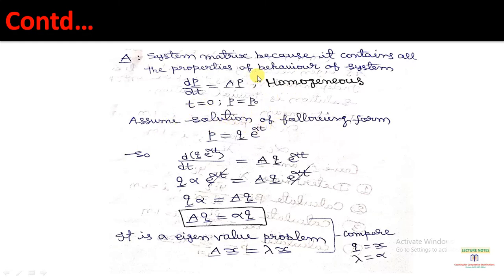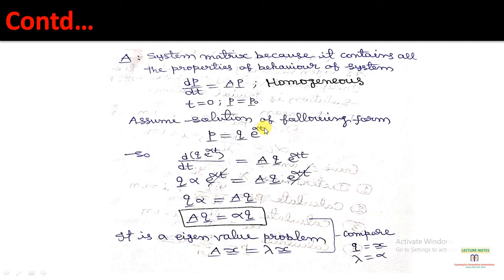In this case we don't know the solution and we don't know how to solve, so we will start to solve in reverse order. First we will assume some solution, then solve in reverse order. So first we are assuming the solution p column vector equals q column vector into e to the power alpha t.